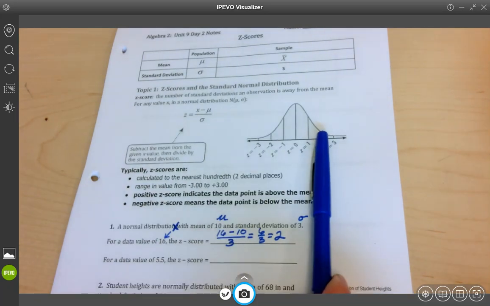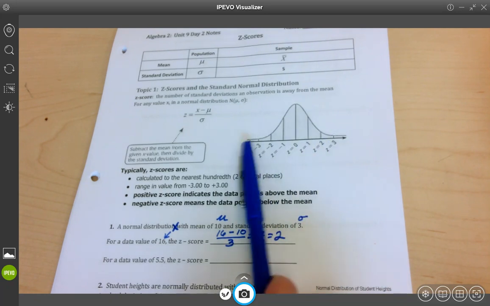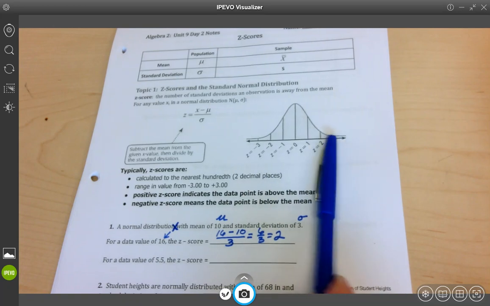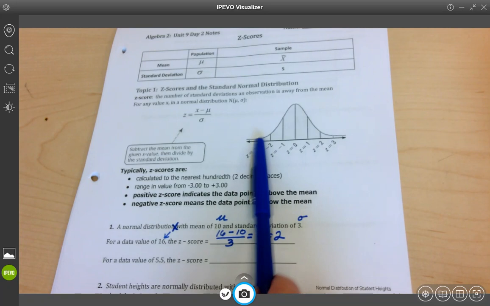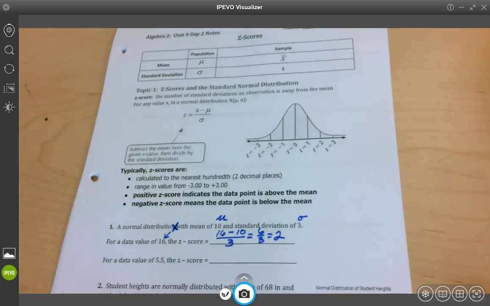So if you look at the normal curve here and you look at 2 standard deviations above the mean, you can see you did better than a lot of people. The only people that did better than you are over here, okay? You could use the empirical rule in this case that we used last class to add up the percentages and find what percent of people you did better than, but that's only because it landed exactly on one of those standard deviations. What questions do you have before we do the next one?